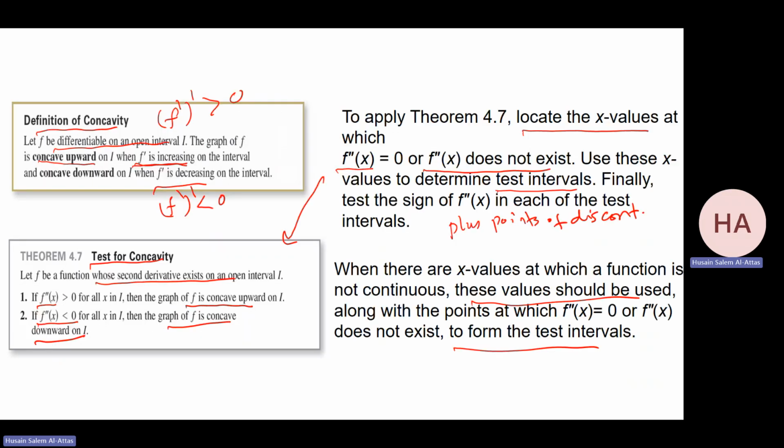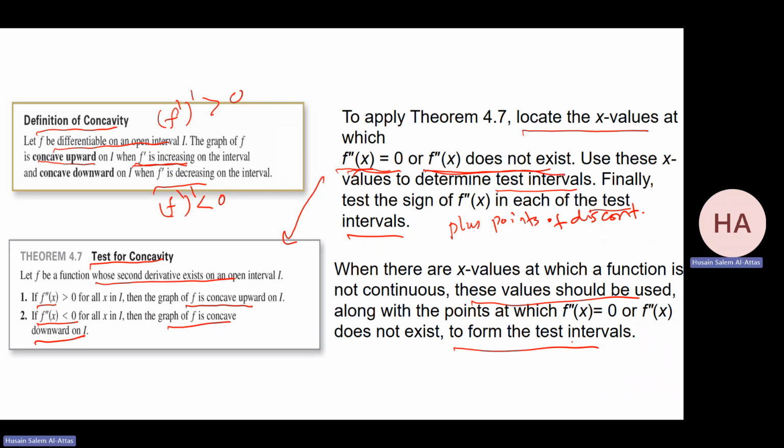So we have concavity when the function is concave up or concave down: if f double prime is positive, if f double prime is negative. And how do we apply the test? We need to start with the test intervals, where f double prime equals 0, where f double prime doesn't exist, and also the points of discontinuity.